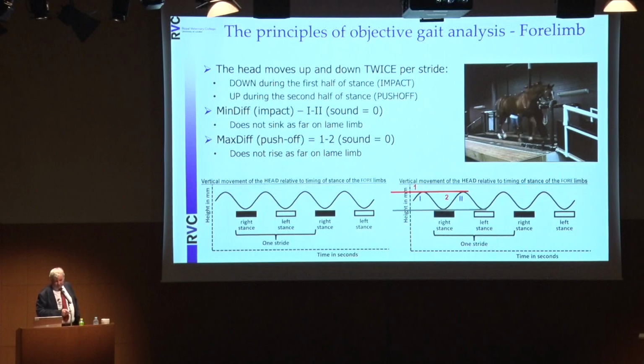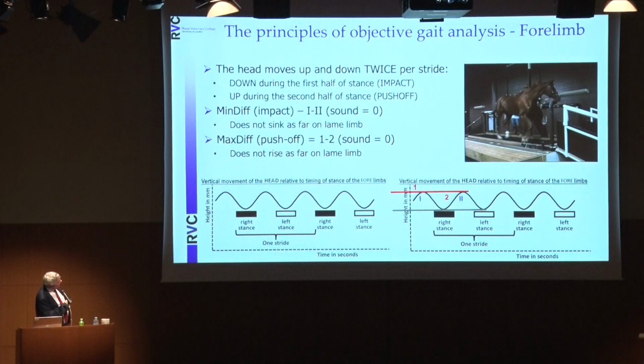This is called the min diff. If the horse is lame, on the lame limb, it will not sink as far down as the sound side.